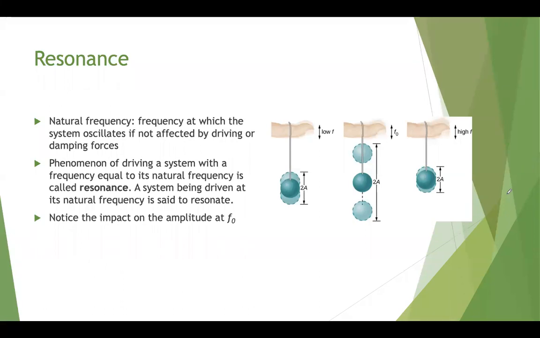So it's just the natural frequency at which this object will oscillate. Now, resonance is when the driving frequency of a system is equal to its natural frequency. A system that is being driven at its natural frequency is said to resonate.